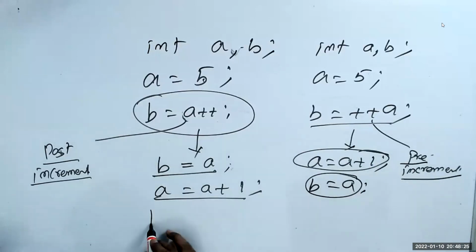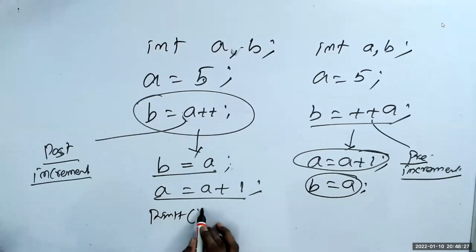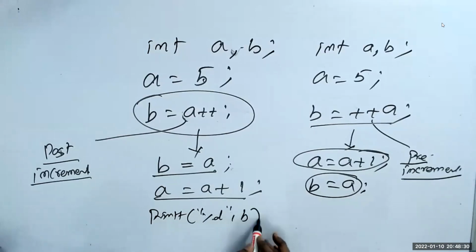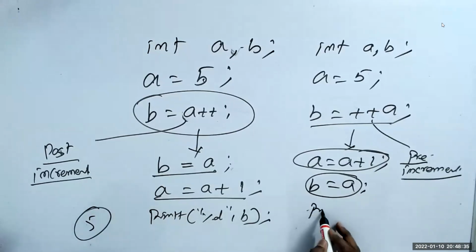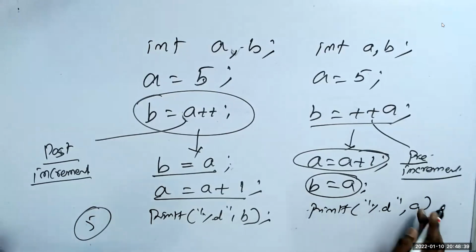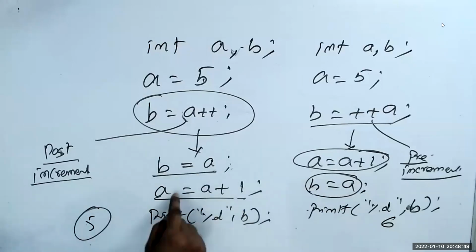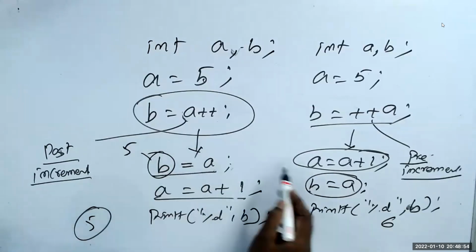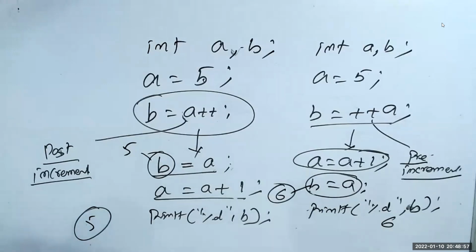So if you do printf %d comma B, you will get 5. If you do printf comma A comma B, you will get 6, because you increment then equate. Here you are equating then incrementing. So here B has gone with 5, and here B has gone with 6. Do you understand now what is meant by post-increment and pre-increment?